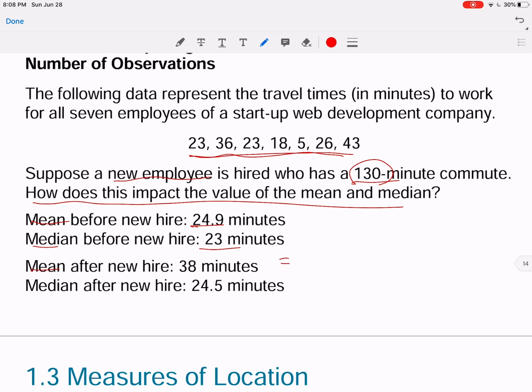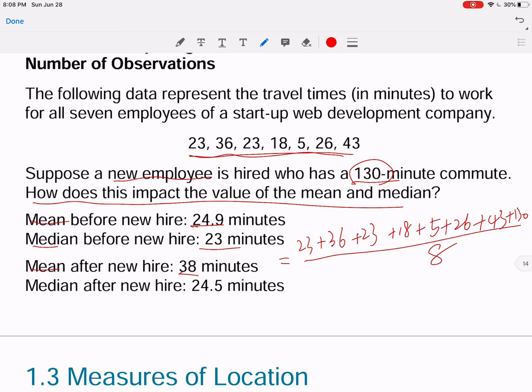So for the mean after the new hire, I won't go over the whole calculation here. What we need to do is just add them all up: 23 plus 36 plus 23 plus 18 plus 5 plus 26 plus 43, and then plus, of course, 130 at the end, and then divided by 8. And then you will get the mean after the new hire is 38.